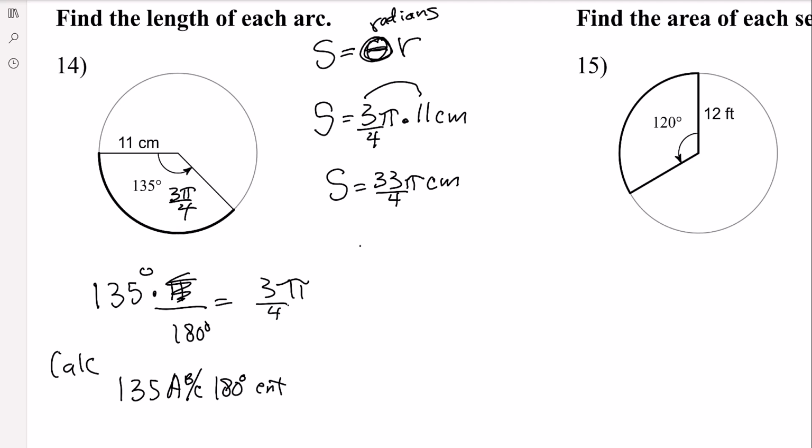And then for us to find more of a length, all you type into your calculator is 33 pi divide 4, and that will give you the rounded amount. So 33 pi divide 4, enter, and that is about 25.9 centimeters for this arc length right there, the measure of that arc length.